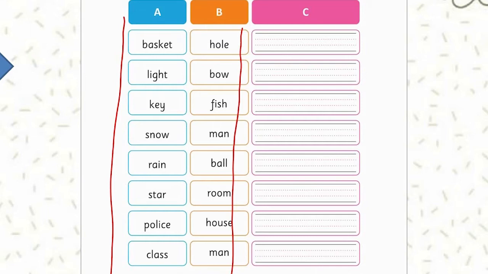Like we have a word basket here, so it will be paired with or joined with, yes, the ball here, basketball. It's a compound. It's a game, it's a sport. And another word is light.